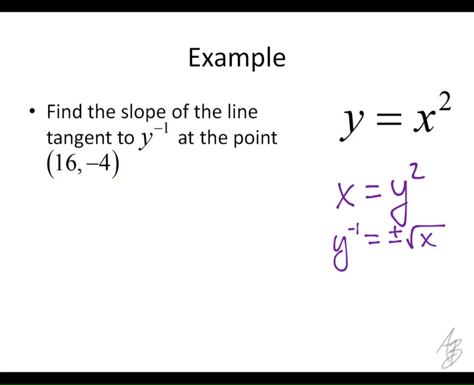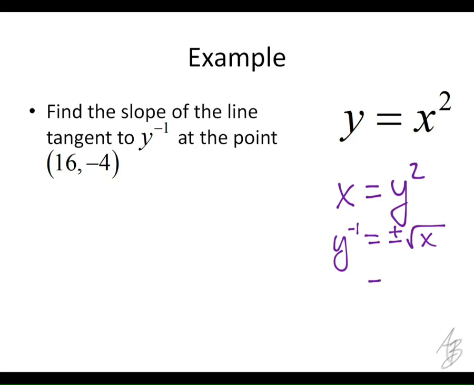Now, since we're dealing with the negative part of it, and we want to find the slope of the tangent line on the negative part of it, when we take the derivative, do you think we have to take the derivative of both the positive part and the negative part? We actually don't need to. When we take the derivative here, we're just going to take the derivative of the bottom half.